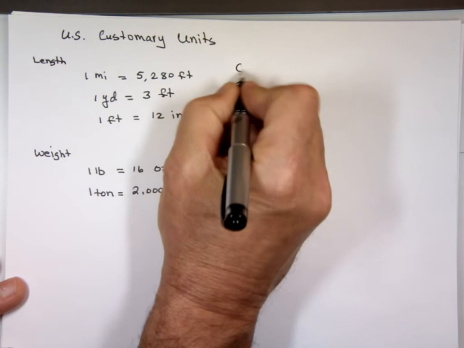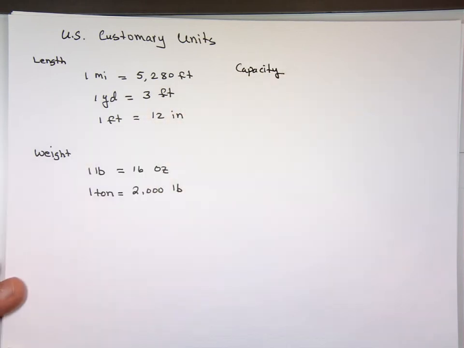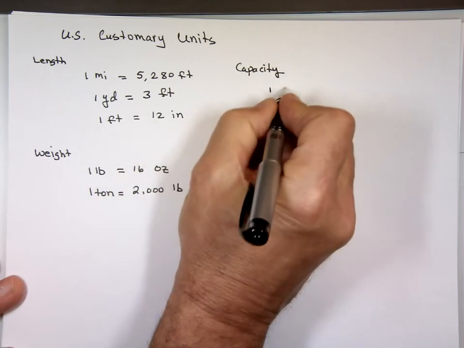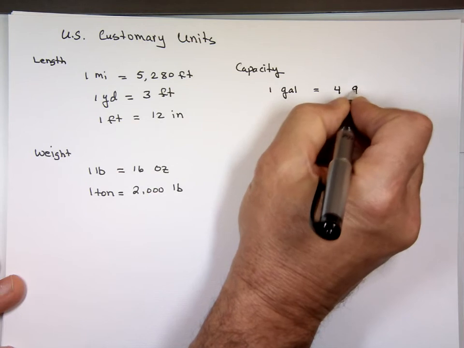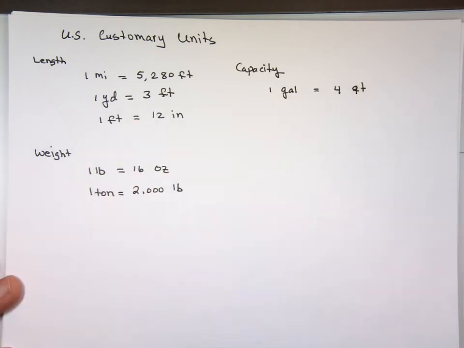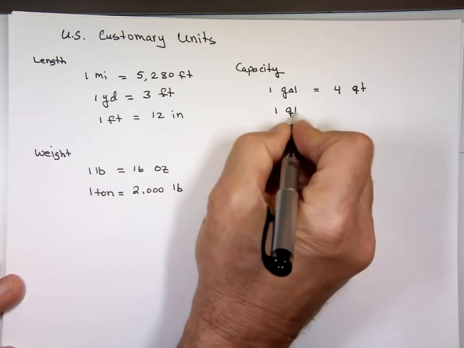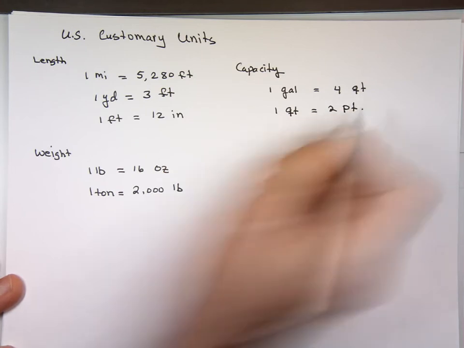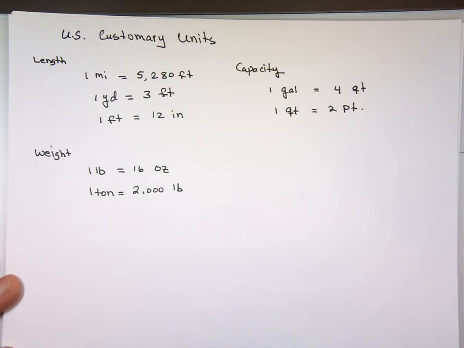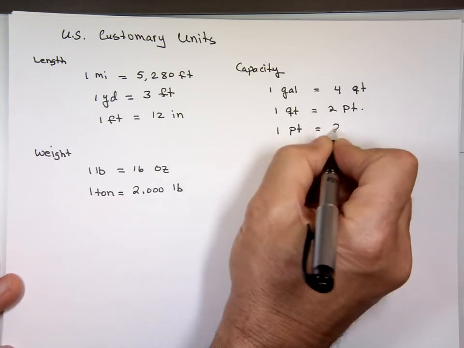For capacity, if you're a cook, we know 1 gallon is equal to 4 quarts. QT, that's a quart. 1 quart is equal to 2 pints. 1 pint equals 2 cups.